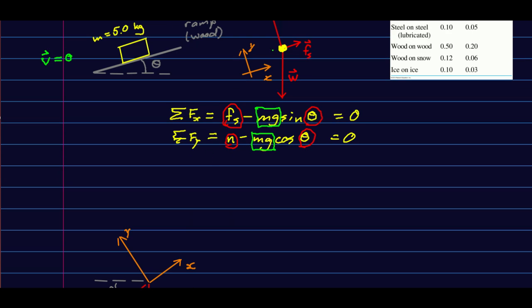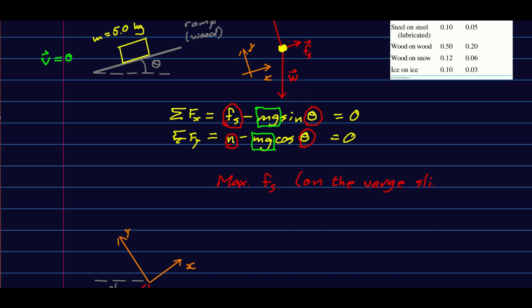So again, we don't have enough equations. However, we can fix that because we are looking for the maximum angle, and that means we are looking for the maximum value of static friction. This is often called being on the verge of slipping. You'll see that in a lot of textbooks.